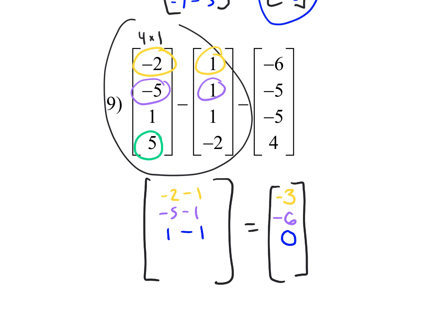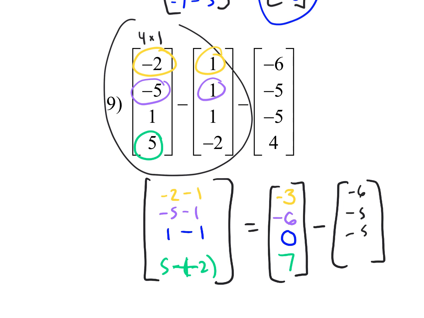And then Victoria, 5 minus what? So 5 minus -2 would be 7. Becomes a +2, so that's 7. We still have to subtract the third one. So we have -6, -5, -5, and 4.